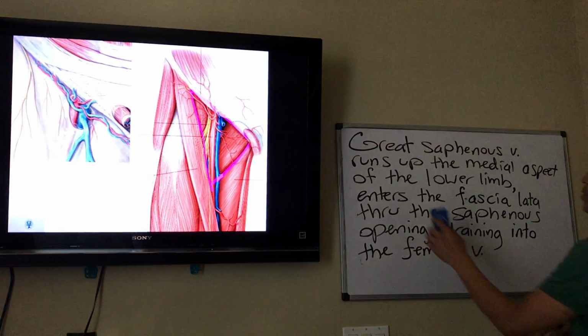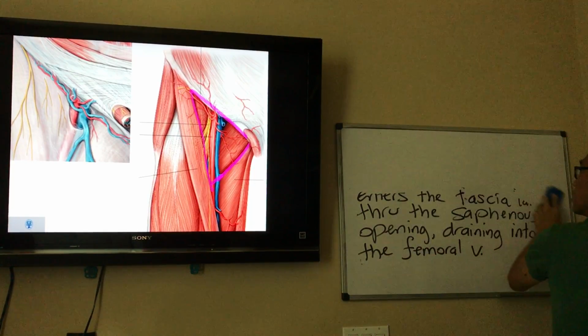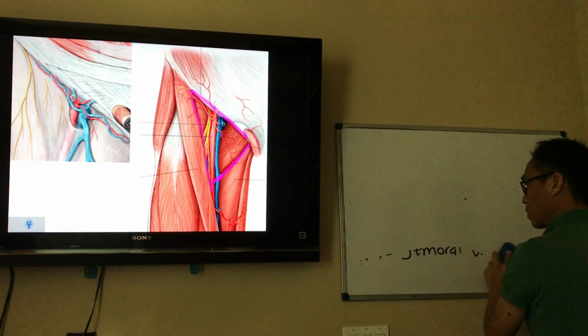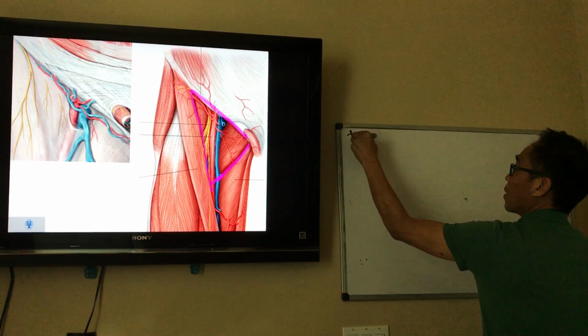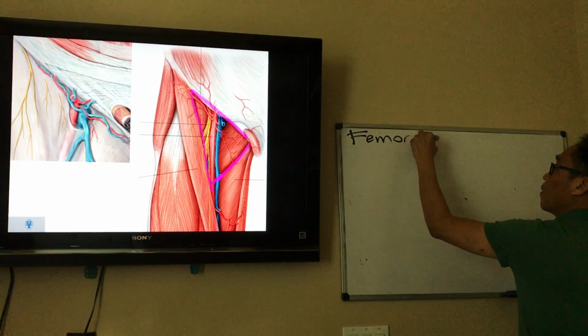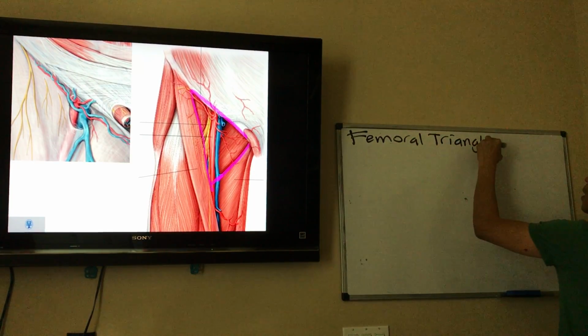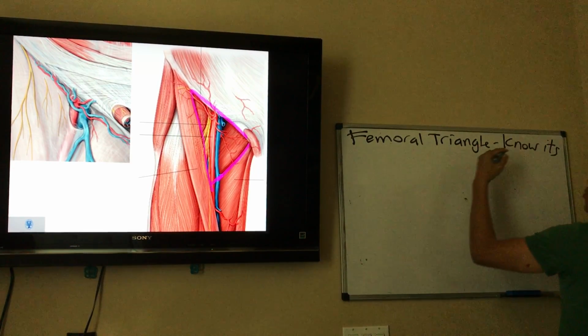Femoral triangle, know its borders and its contents.